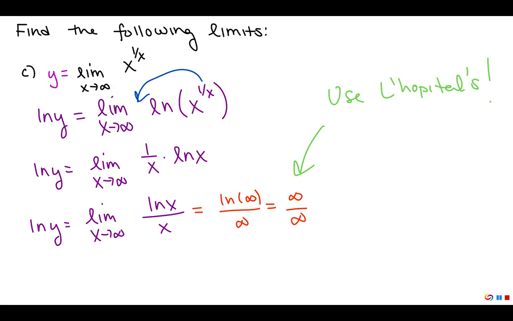We're finding the limit as x goes to infinity, and so ln of infinity is infinity, and so you end up getting infinity over infinity, which is indeterminate. So by using the natural log and then the properties of the natural log, we were able to actually write this as a quotient. We have an ln x over x on the right-hand side, and that is something we can use L'Hopital's rule on.